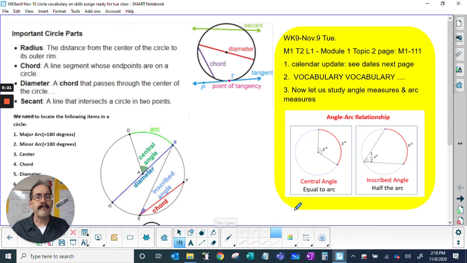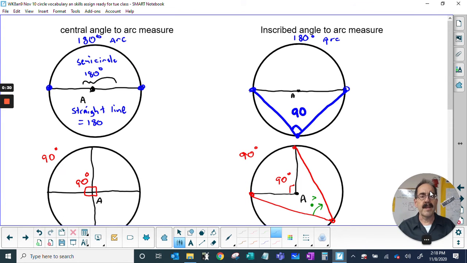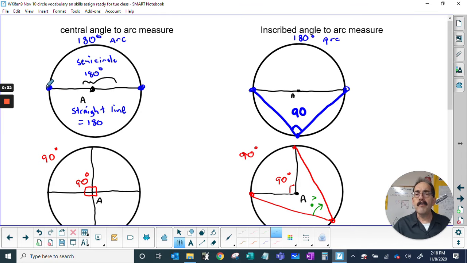So let's get started. The other day we drew an actual circle and we split it right down the middle. When we split it down the middle, we agreed that it was a semicircle, and a semicircle was half a circle, a circle being 360 degrees.